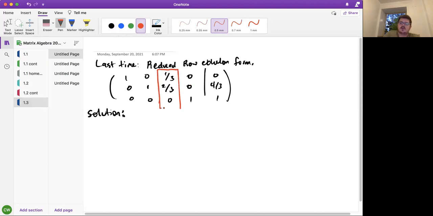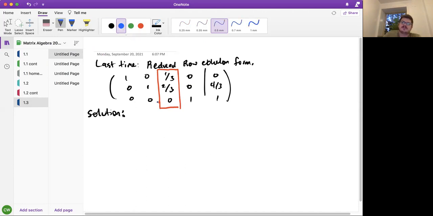Now, since you've hopefully been working on the homework, you may have an idea of when there will be free variables, when you can always tell in row echelon form or reduced row echelon form. So let's do this example, and then I'll do a general algorithm or general way to see.